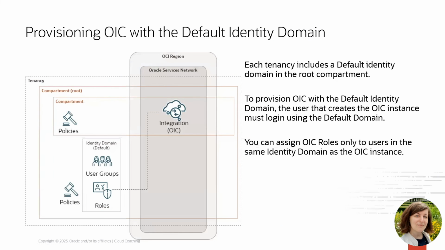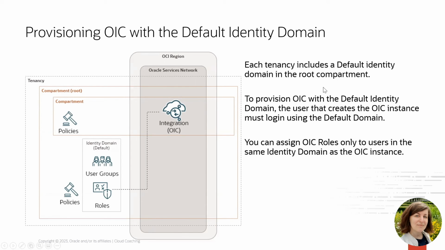Let's discuss next provisioning OIC with identity domains. Each Oracle Cloud account includes a default identity domain in the root compartment. Older cloud accounts may still have IDCS, but in the near future, all cloud accounts will have this identity domain capability.